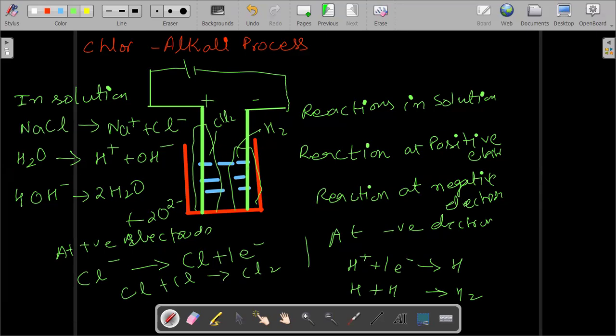And inside the solution, you have Na plus and OH minus remaining. So this Na plus and OH minus together form NaOH. Got it now?